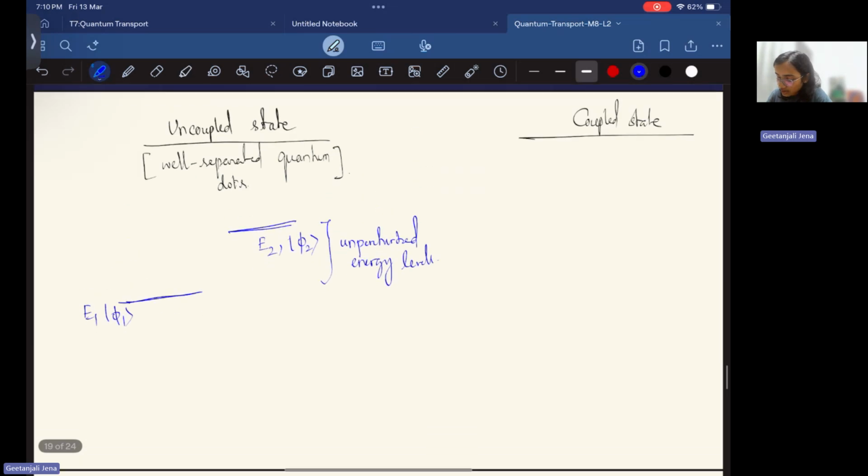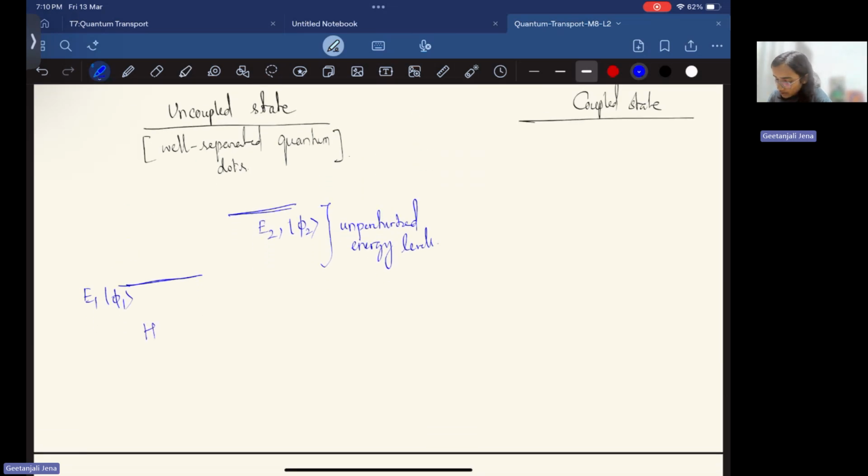when we act the Hamiltonian operator on the state phi 1, on the wave function, it will extract the energy of this particle, and it will keep the wave function unchanged. And for this type of equation, this is what we call an eigenvalue equation.